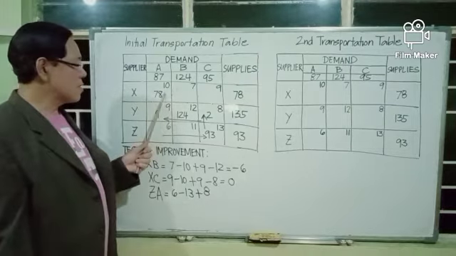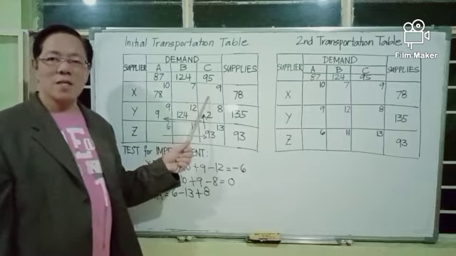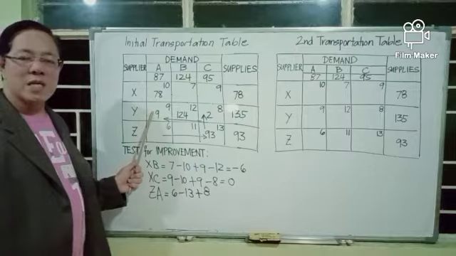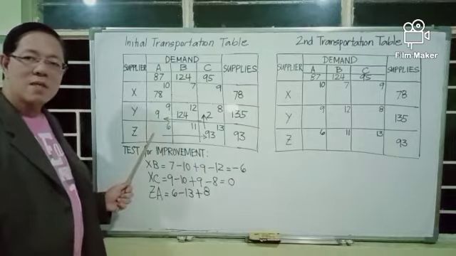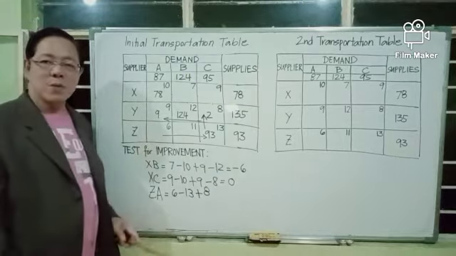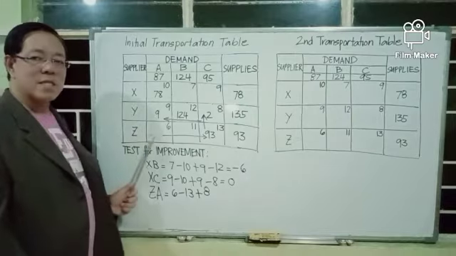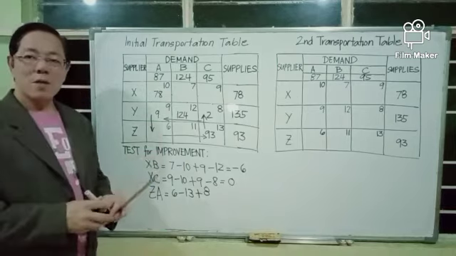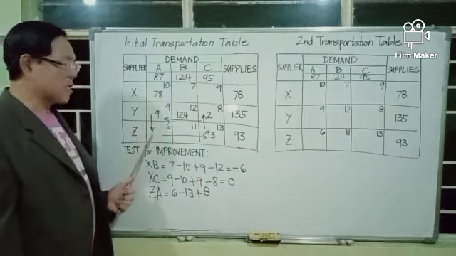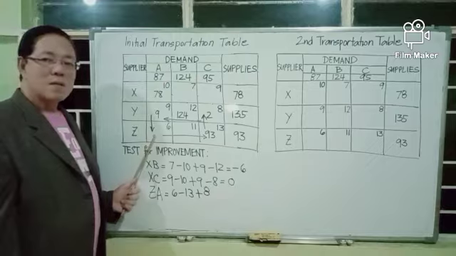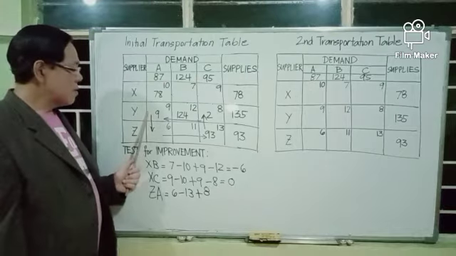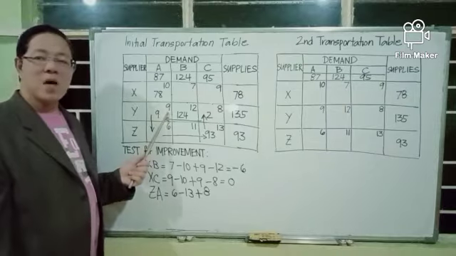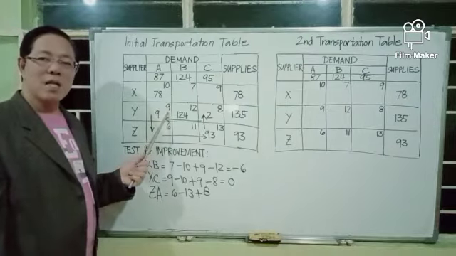If you move horizontally to the right, up to this cell, it's still vacant or empty. Hence, from 9, we move vertically downward and we return to where we started, the vacant cell ZA. The cost associated with this movement, which is vertically downward, is the negative of the cell cost of 9, minus 9.